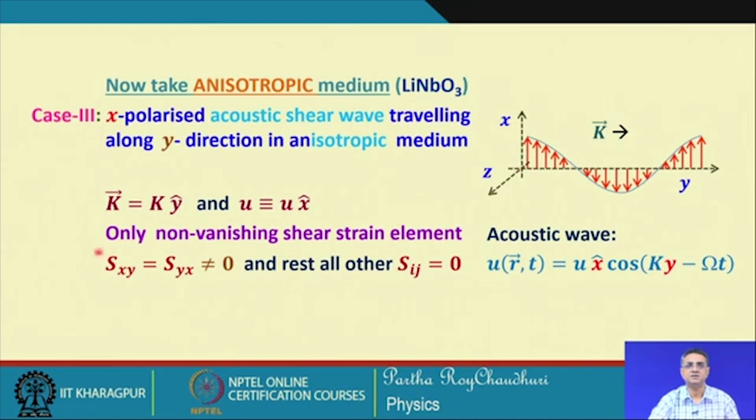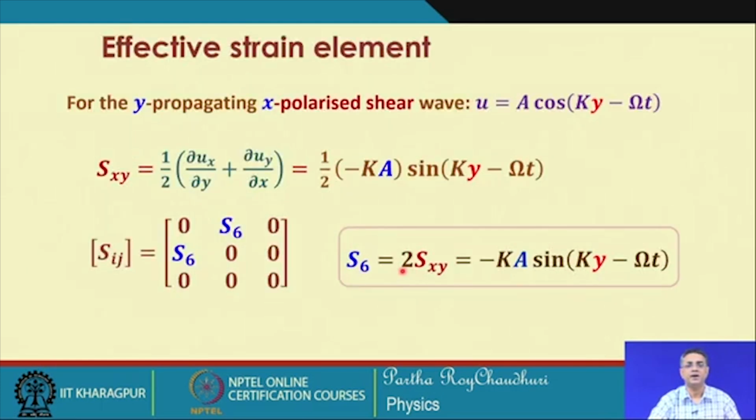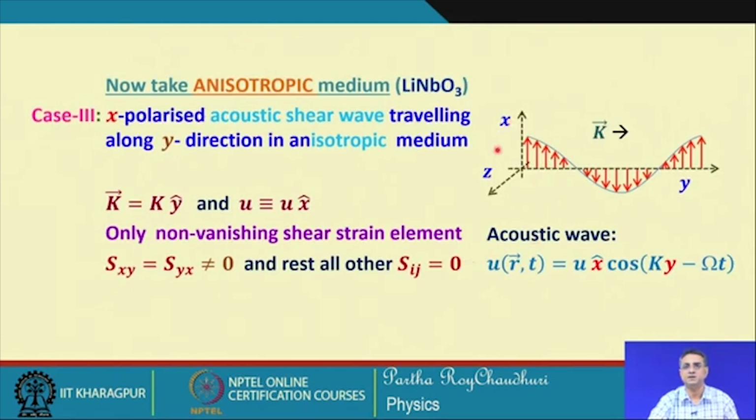In that case, as I mentioned, x and y, the direction of propagation of the acoustic wave and the direction of polarization, are the two indices which will appear as the shear strain components xy and yx. This is the only non-zero component, the rest are 0. You can see that there has been a strain variation along x as a function of y.